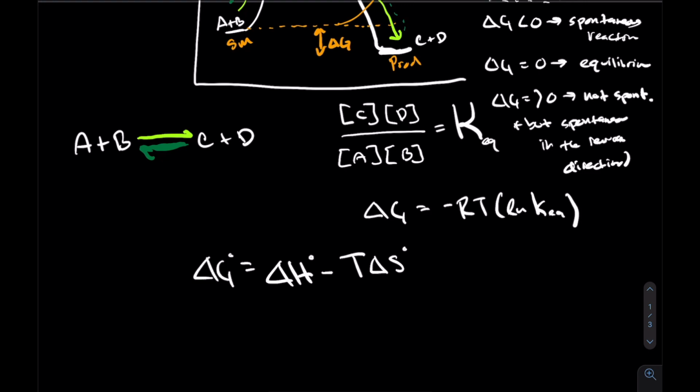So each one of these terms, what exactly do they mean? Hopefully this is a bit of a review. We should remember that this is enthalpy. Enthalpy, all right, that's the heat of a reaction. Where do these heats of reaction occur? From bond breakages and bond formations, all right?